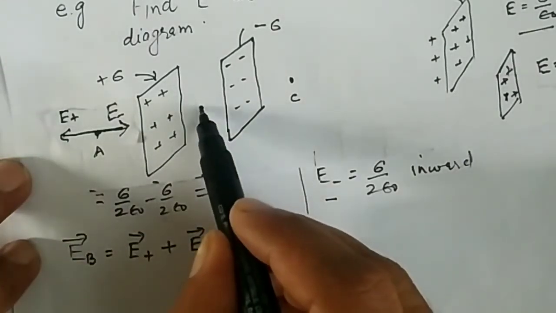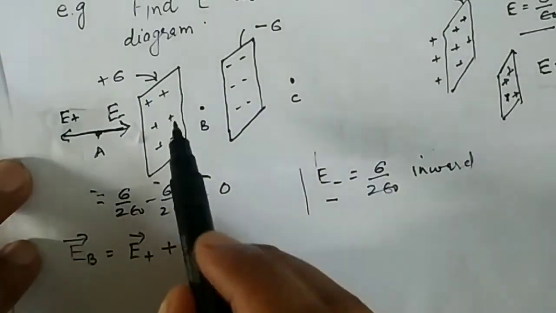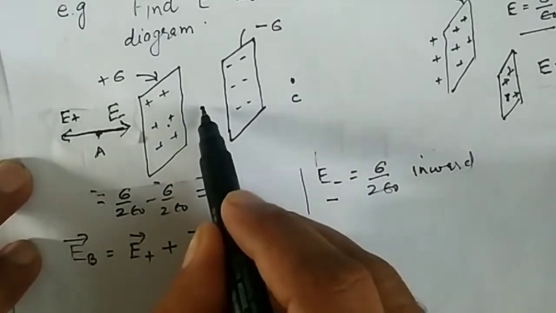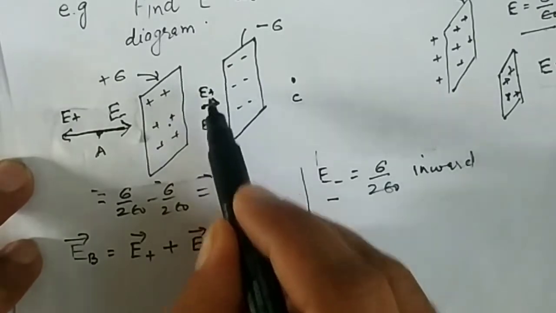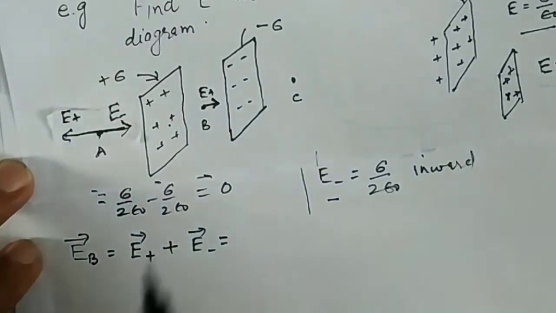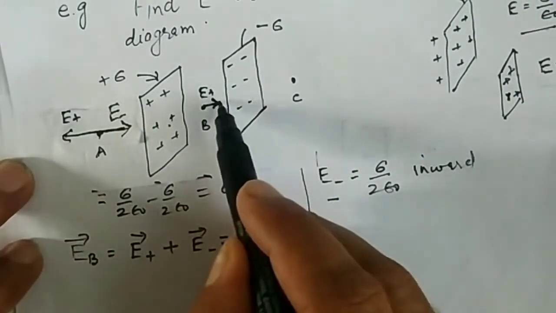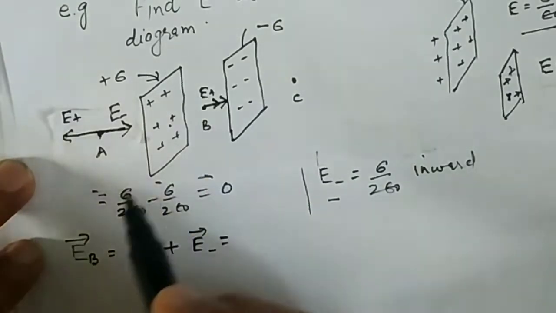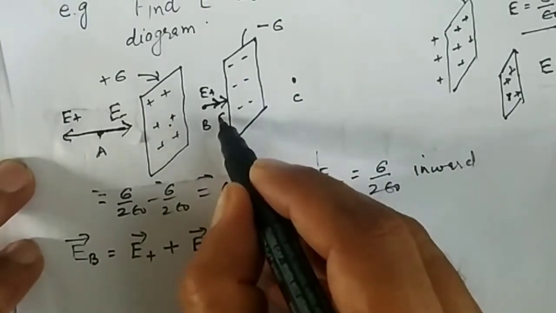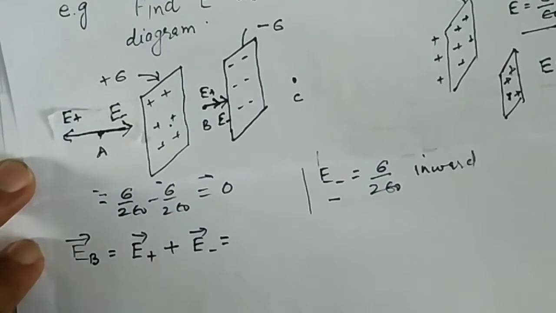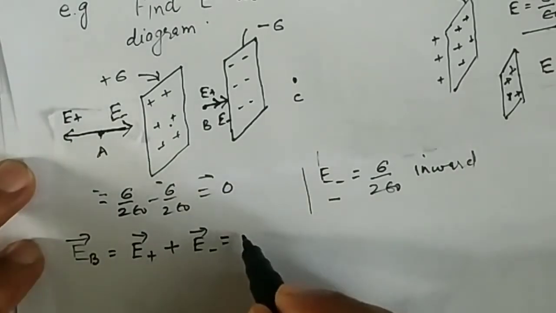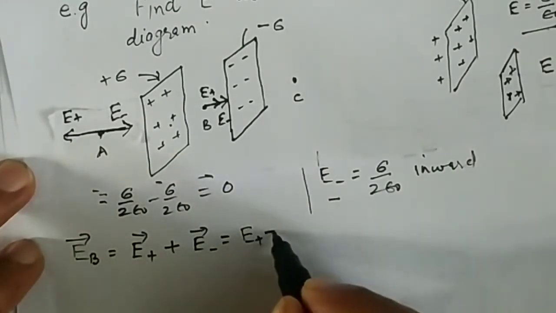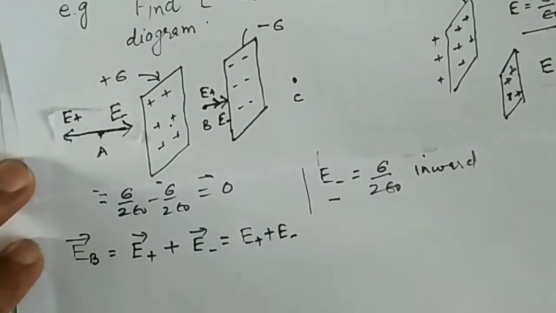The electric field due to the positive charge is outward, along this direction, and for negative it is inward towards the sheet, so E negative is also along this direction. Seeing the directions, both are in the same direction, so the resultant electric field is the sum of these.